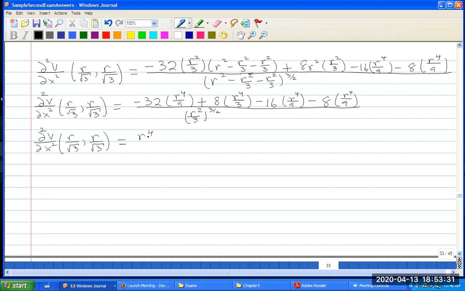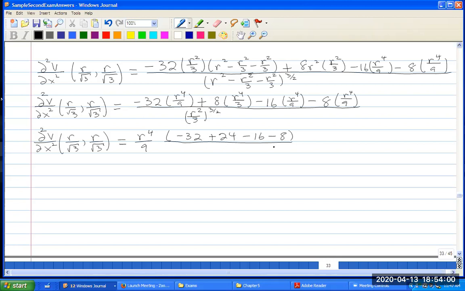So this is r to the 4th over 9 times minus 32 plus 24 minus 16 minus 8, divided by r squared to the 3 halves, which is r cubed.